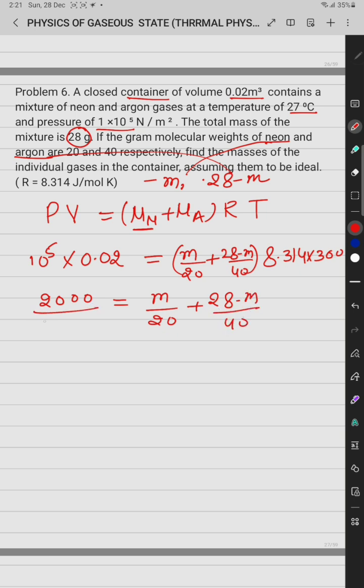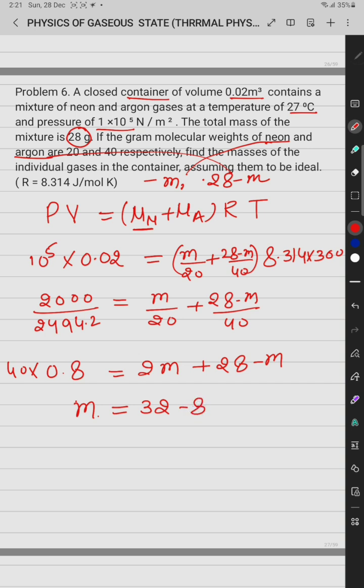Multiplying these two, it is 2494.2 and this term is 0.8. So 0.8 equal to, multiplying the whole term by 40, then it is 2M plus 28 minus M. Therefore M, the mass of the neon, is 32 minus 28, so it is 4 gram.